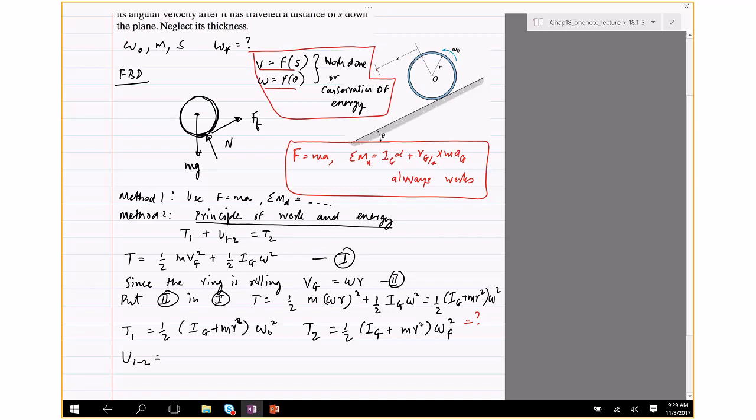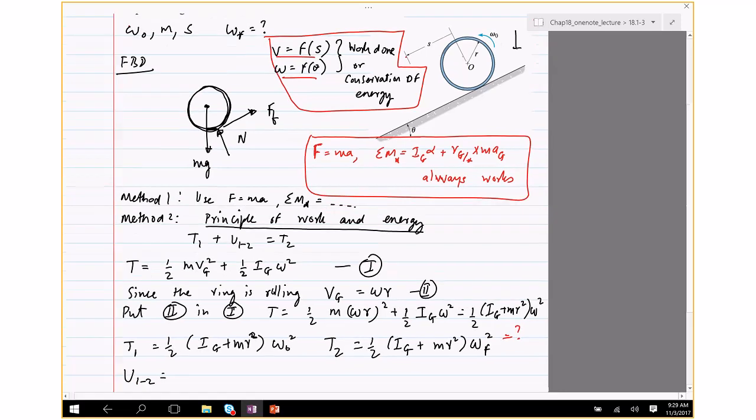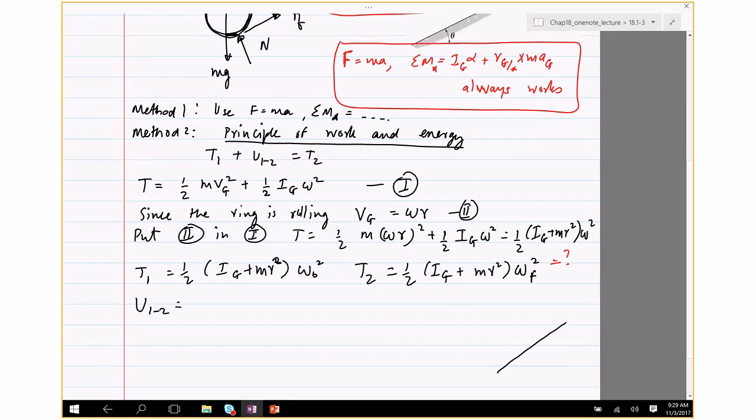Okay, so what's the work done? It's the work done due to what? Gravity, right? Gravity gets this mass down. So it's not given here, unfortunately, but there is gravity. So due to gravity, what happens is, this is the center of mass. It moves down by a distance of s.